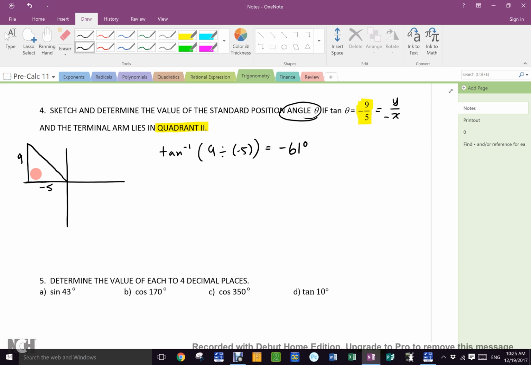So when my machine wakes up, this must be 61 degrees. Is that a reference angle or is that a theta? That's a reference angle. So I must need to find theta. How? 180 minus 61, which is 119. And then I say to myself, self, I better make sure. Is 119 going to have a negative tan? Yes or no?